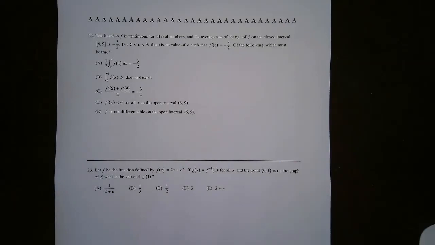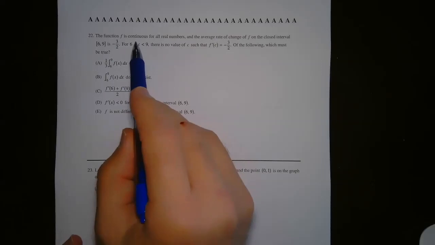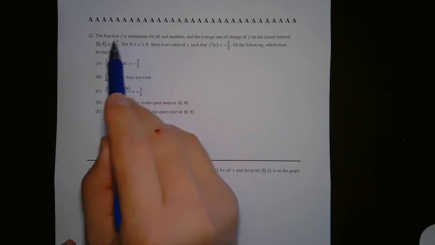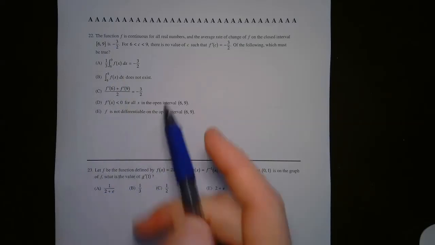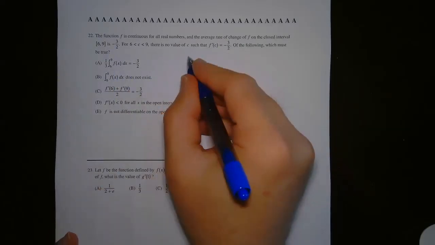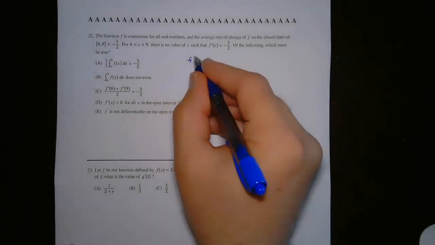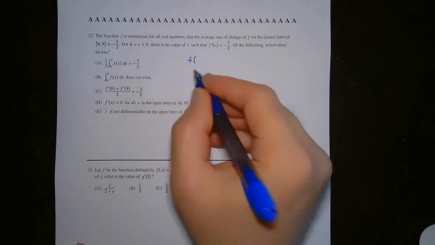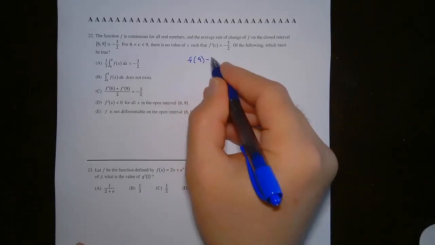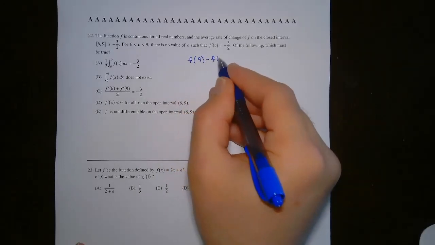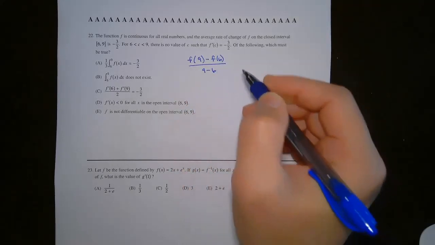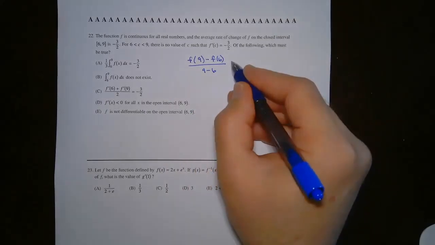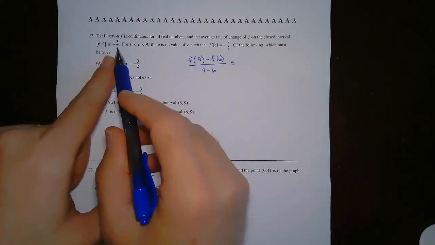This is actually testing your understanding of the mean value theorem, because if it's continuous on the closed interval and differentiable on the open interval, then this has to be true. So we have f of 9 minus f of 6 over 9 minus 6, which they're telling you is -3/2.